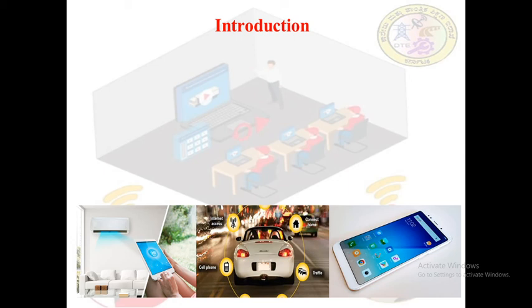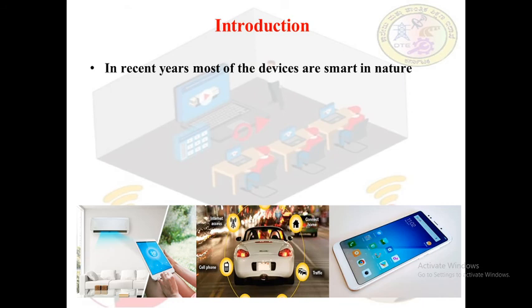In modern days, the devices that we see are smart in nature, right? Starting from a simple mobile phone, smartwatch, our air conditioners, refrigerators, heaters, even our vehicles also, they are smart in nature.